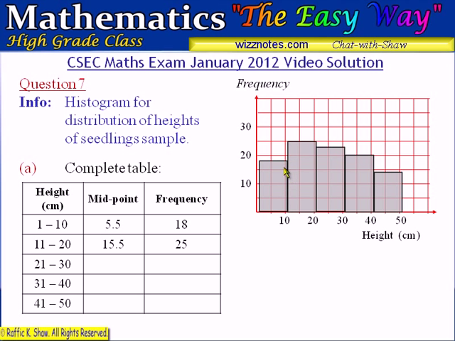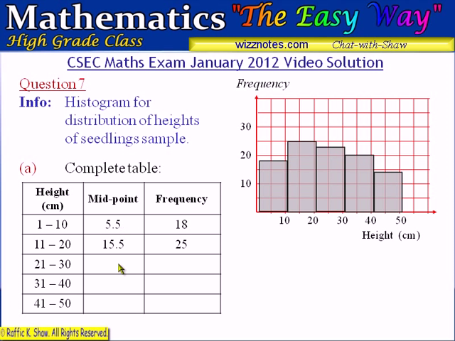So hence this boundary is shared by the first class and the second class, and that is the trend throughout. Alright, and then now the frequency values would be obtained by reading from the frequency axis here. To the top of this bar is the frequency for the first class, which is 18. The top of this bar is 25, corresponding to here, and we can go through and find the other bars.